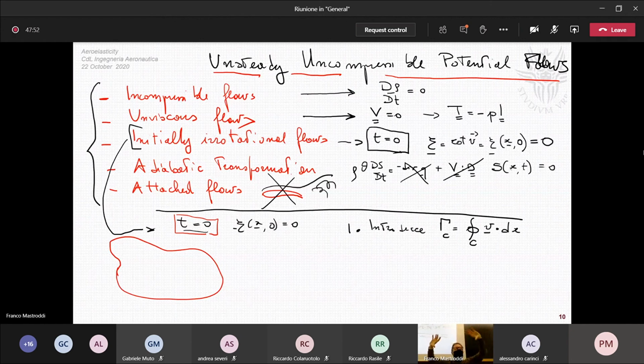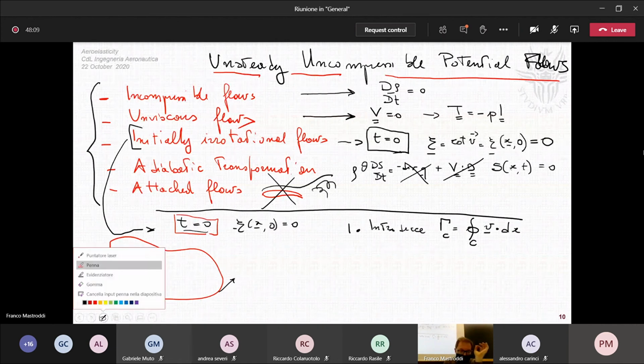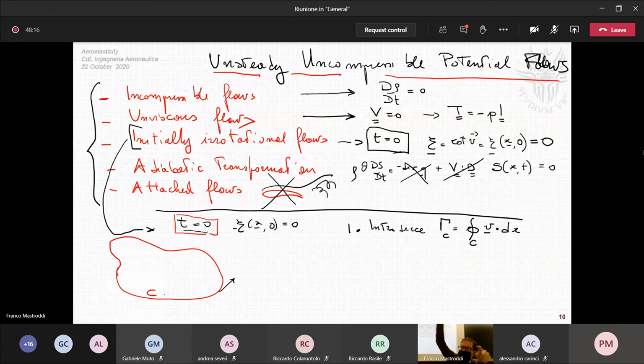And the red line is a picture of these points. Each of these points has a velocity. For example, this point has a fluid velocity like this other. The red line is arbitrary and is indicated like C. C is for contour. Okay, a contour.